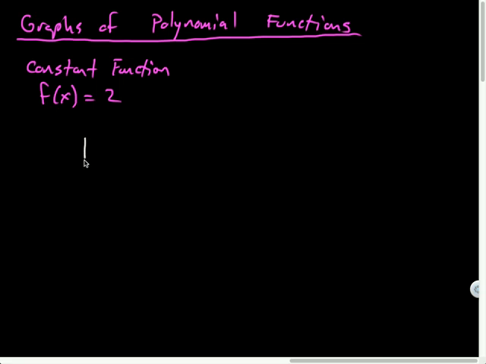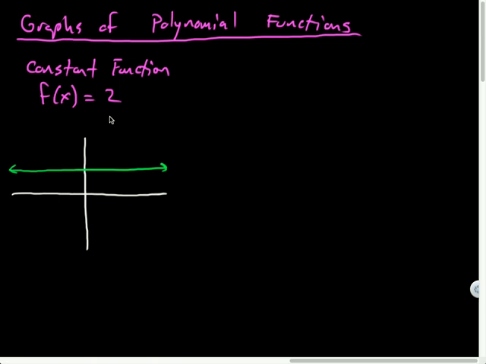Graphically speaking, does anyone know what a constant function looks like? What if that said y equals 2? What would that be? Yeah, it'd be a horizontal line, something like that. So that's what a constant function would look like.